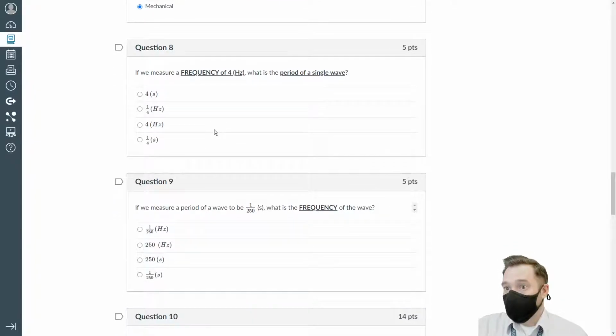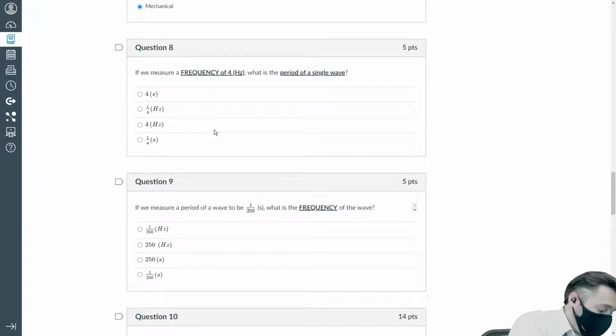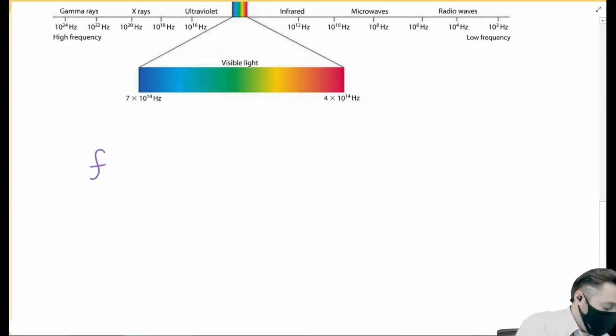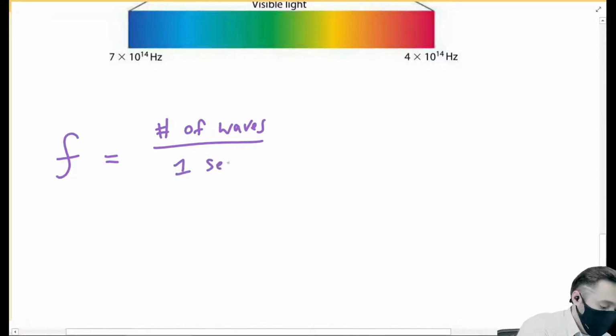Okay, so question number 8. If we measure a frequency of 4 hertz, what is the period of a single wave? Now remember that the frequency of a wave is just the number of waves for every 1 second.